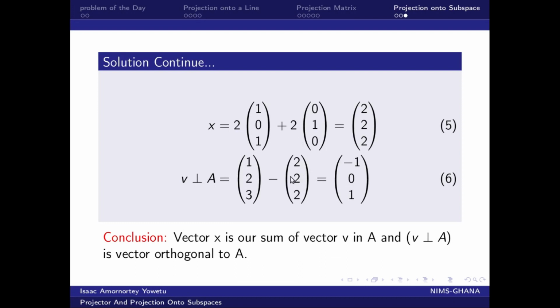So when you subtract it, it gives us our vector which is orthogonal to A. So basically what we are saying is x is the sum of vectors in A, and then the vector which is orthogonal to A is the whole of this here.